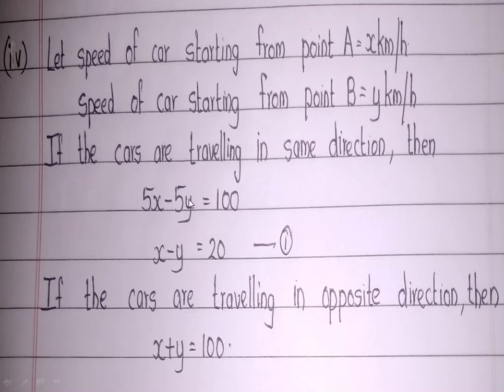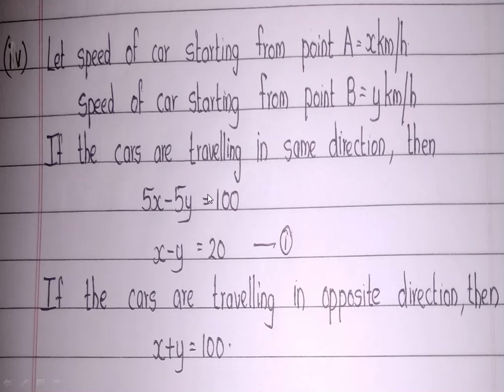This is also time into speed is distance. This 100 is also the distance between them. Okay. So, if the cars are traveling in same direction, then 5x minus 5y equal to 100. The same direction means subtraction. If it is in the opposite direction, it is plus.